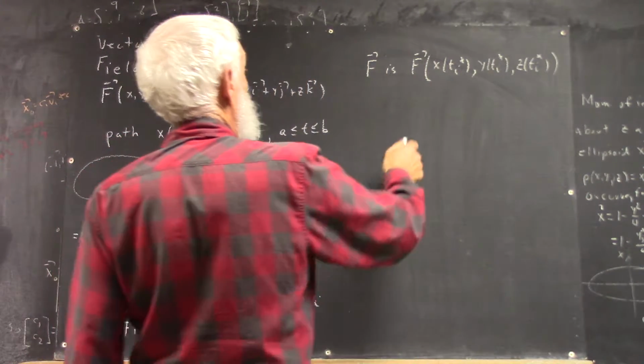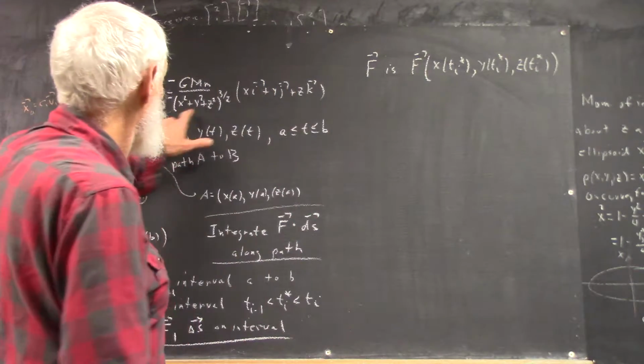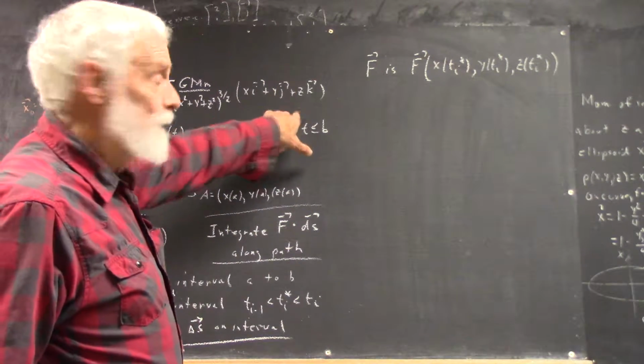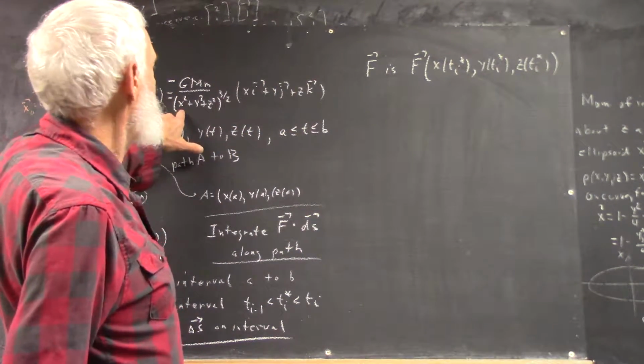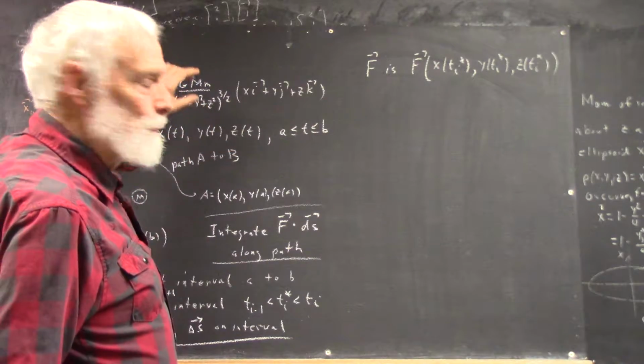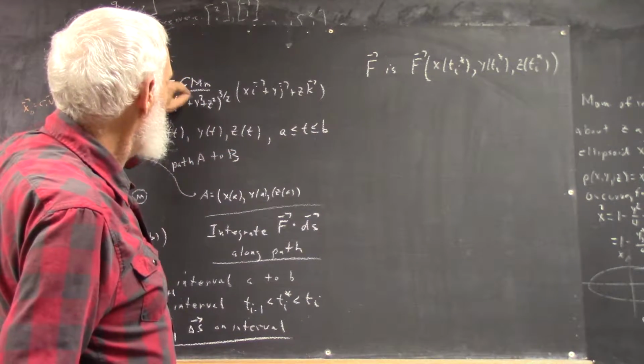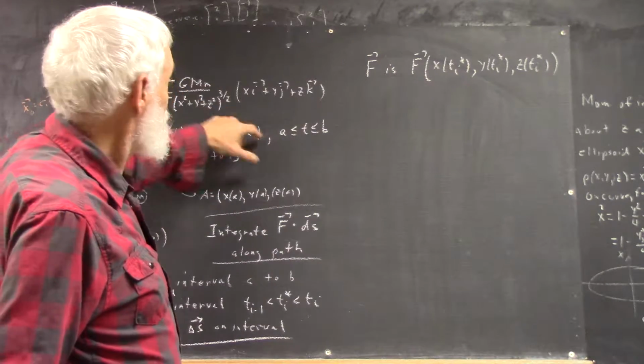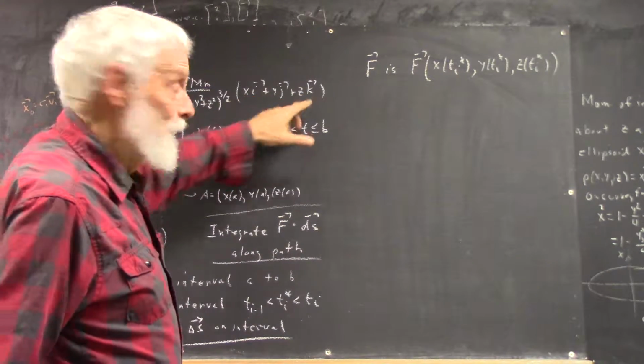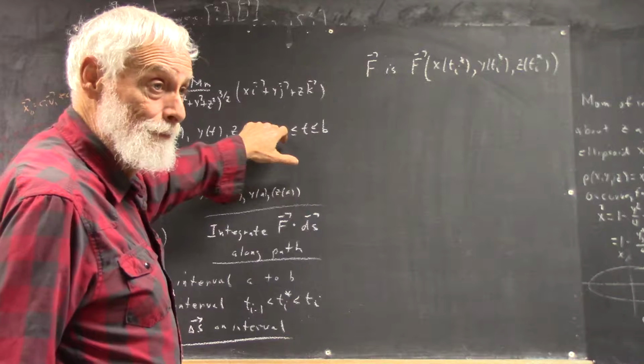And that equals, well, we can write out what that equals because we just plug in, put a t_i star between each of these and the square, right? A t_i star on each of these, and we have our expression for F.